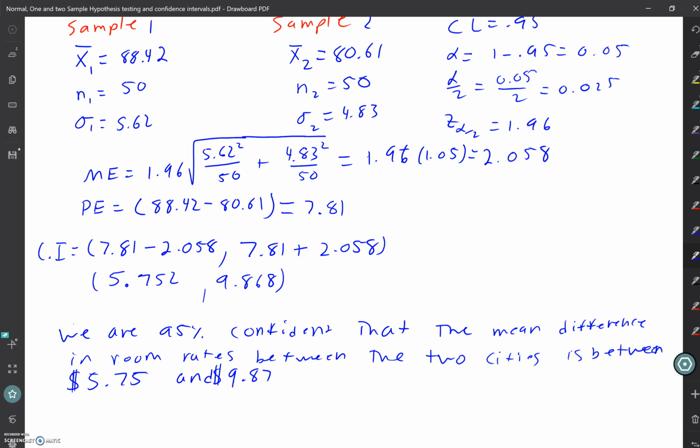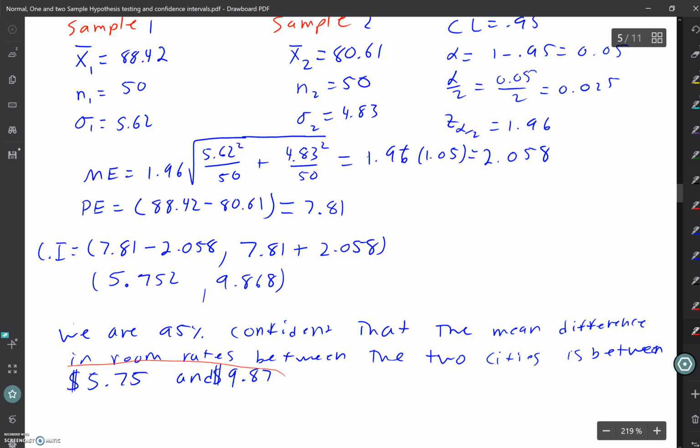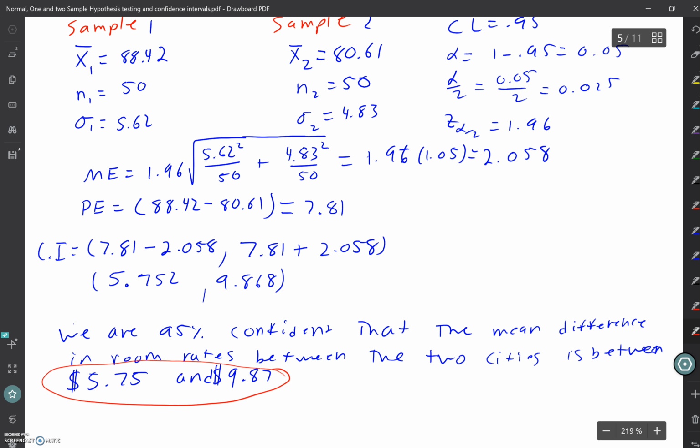Well, the survey showed it, but I also built an interval that's supposed to contain 95% of data for any samples of size 50, and they're all positive numbers. The difference is positive.